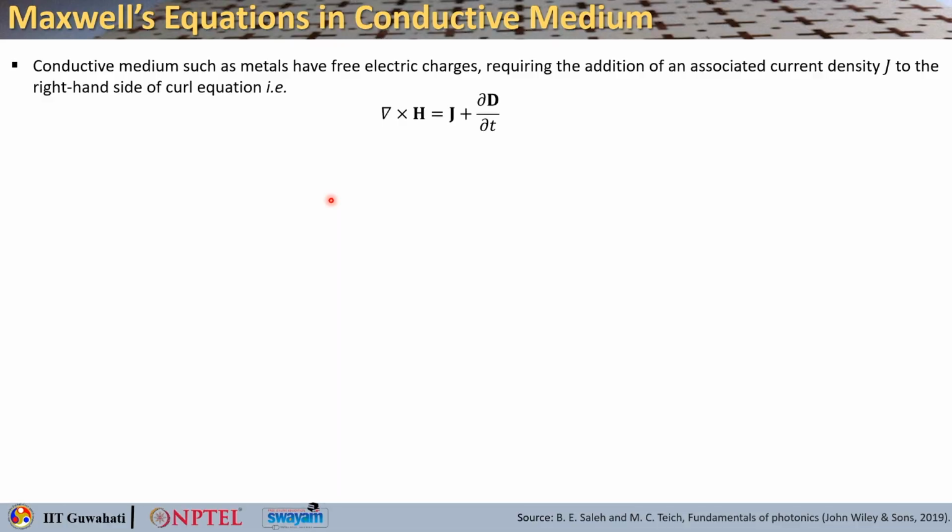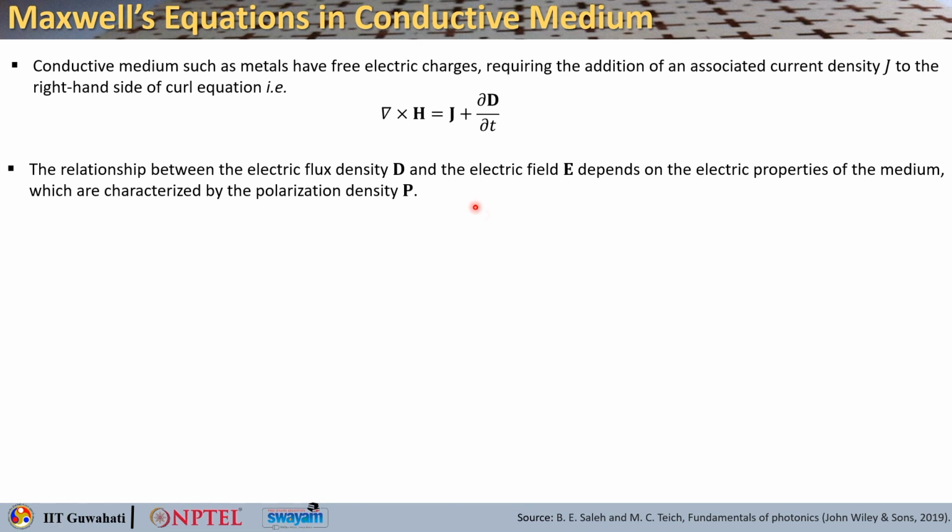That means there will be an associated current density J. So, in that case you need to add that current density term to the right hand side of the curl equation. So, your fourth equation changes like this: curl of H equals J plus dD/dt.